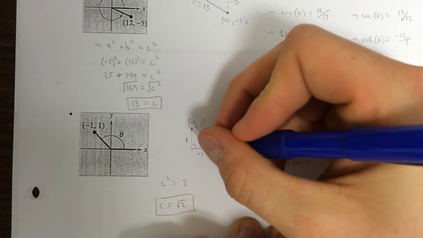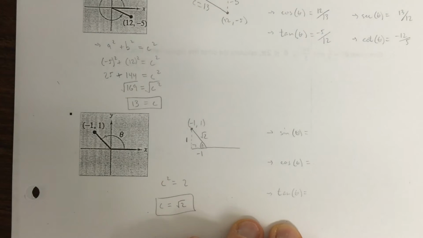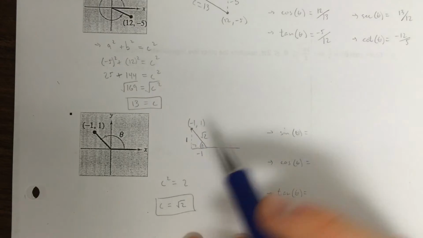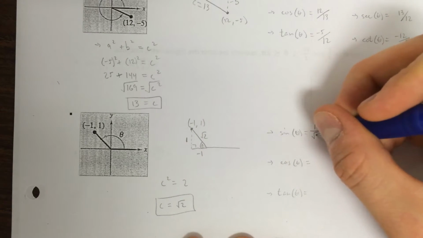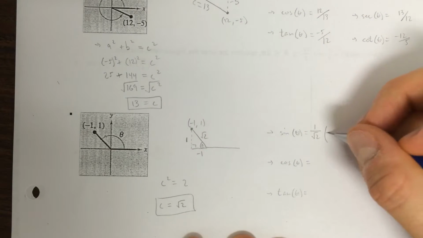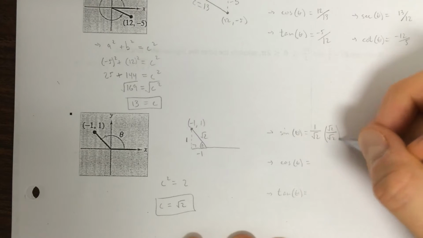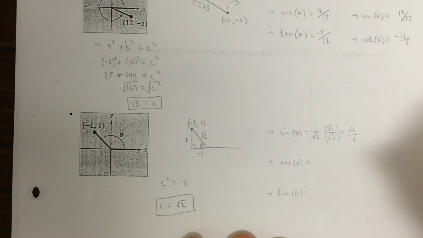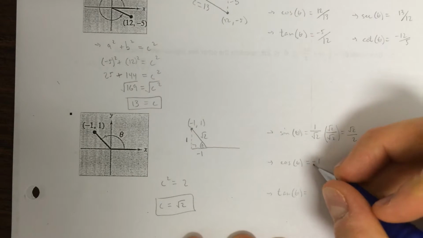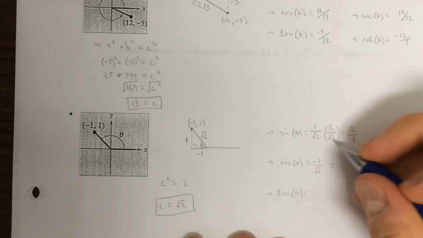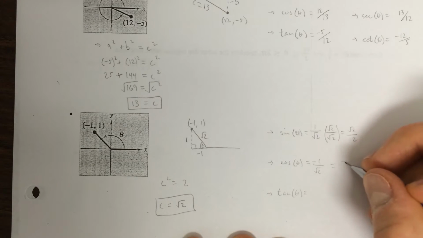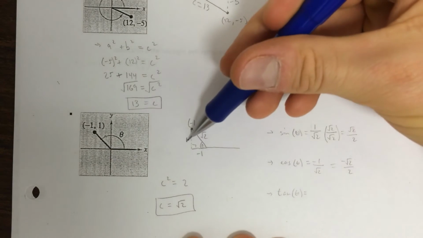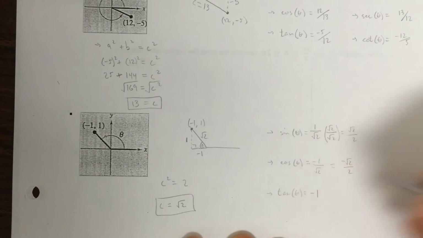Oh, and theta is our angle closest to the origin. Now let's find sine, cosine, tangent. Sine, opposite over hypotenuse. This would be 1 over square root of 2. But because we're smart mathematicians, we have to rationalize. Square root of 2 over 2. Cosine is going to be negative 1 over square root of 2. If I did the same thing, it would end up with negative square root of 2 over 2. And tangent is opposite over adjacent, which is just negative 1.